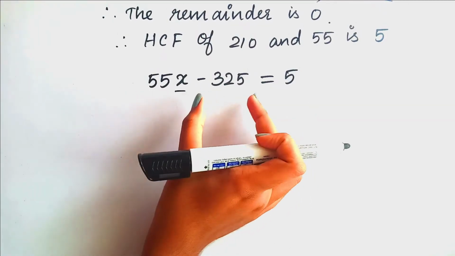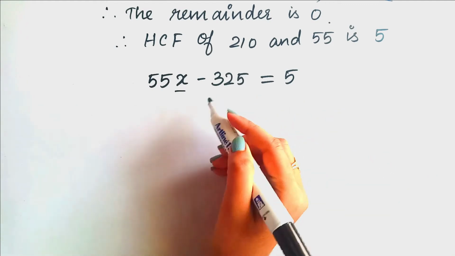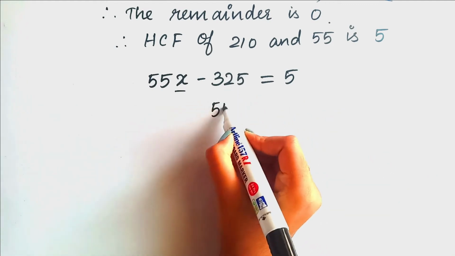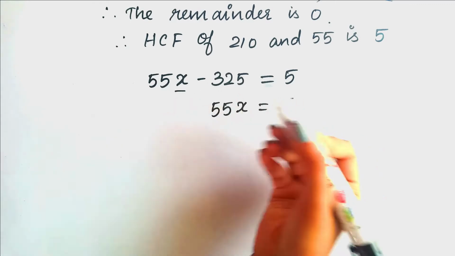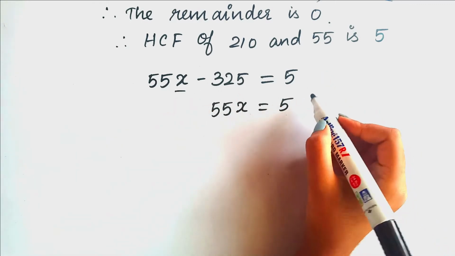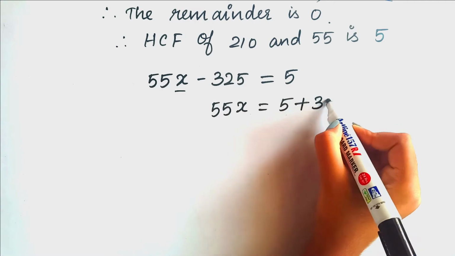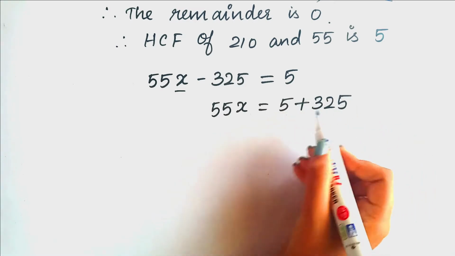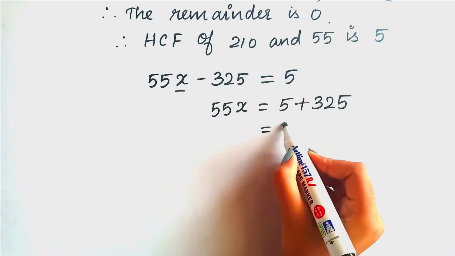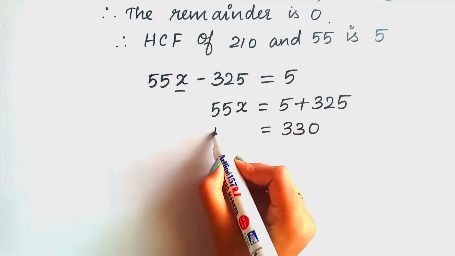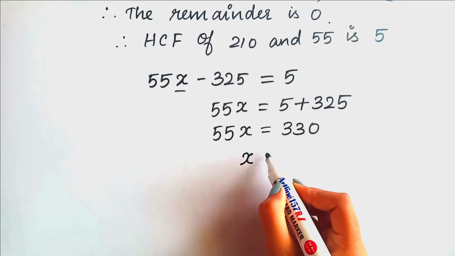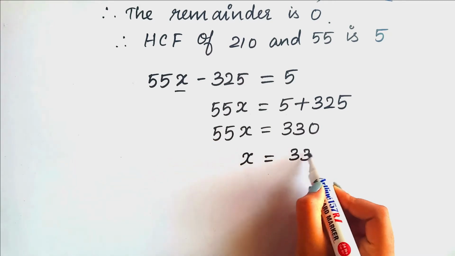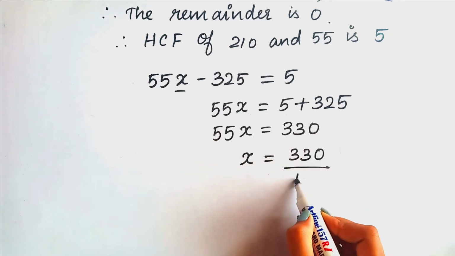So for that I am taking this 325 to the right hand side, so that we'll get 55x is equal to 5. Here minus 325, if it goes to the right hand side, it will become plus 325, and 325 plus 5 will be 330, which means 55x is equal to 330, and x is equal to 330 divided by 55.